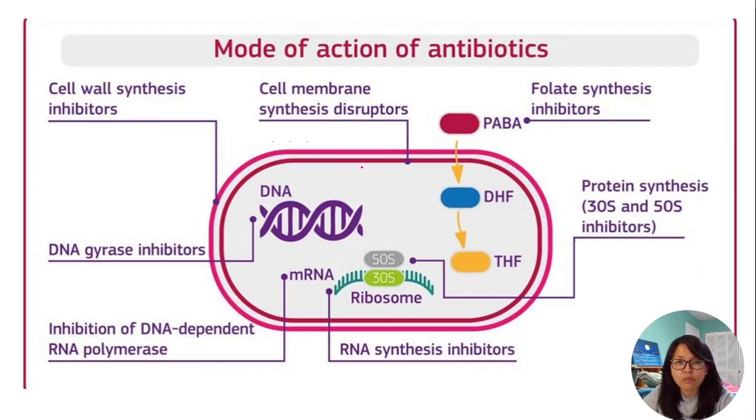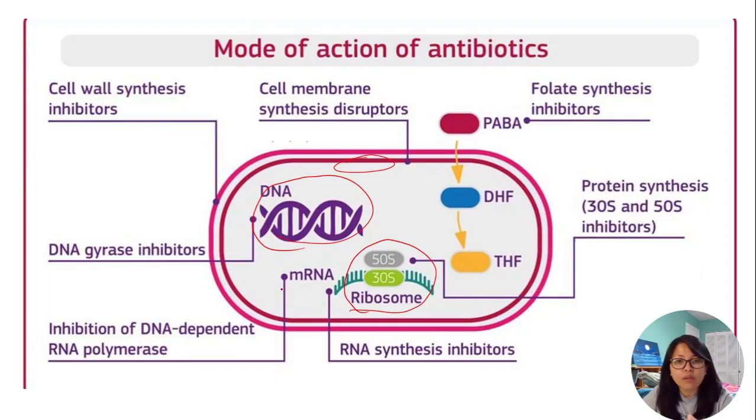Some of them can disrupt the cell membrane. They don't have anything to do with the cell wall, but they disrupt the cell membrane. Some would affect the genetic material of your microorganism. Some would affect your ribosomal unit, either the 50S or the 30S subunit.